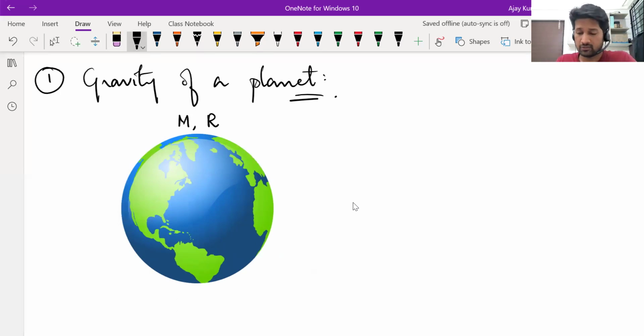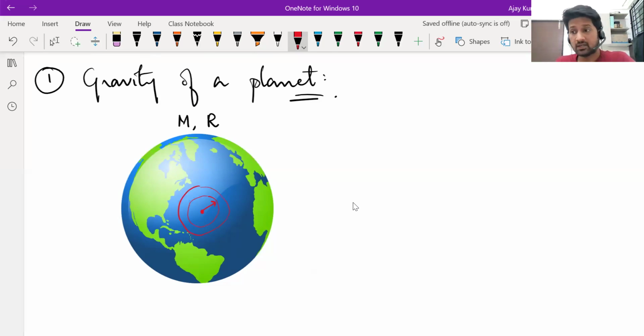They can ask you questions based on non-uniform solid spheres also. Okay. How they will ask? They'll tell you that the material or the density varies from distance to distance. At one distance, there is one density, at another distance, another density. Actually, in the Earth, it's like this only, no? The core of the Earth is made of some material. The surface of the Earth is made of some other material. So as you move away from the center, the material changes.